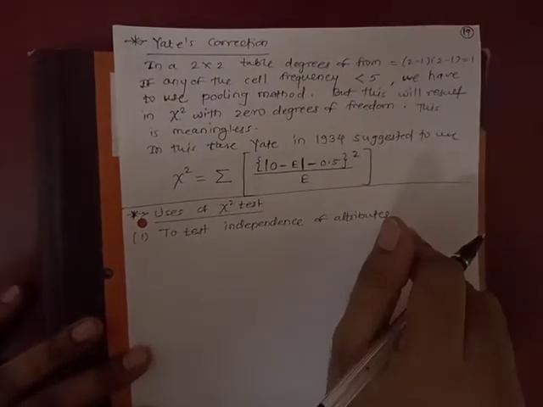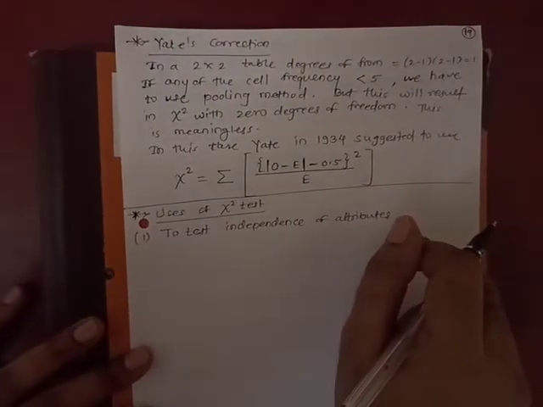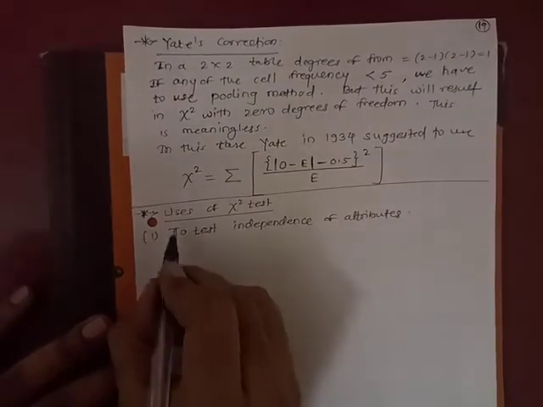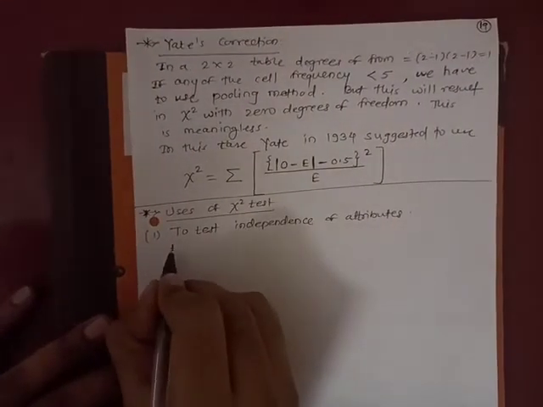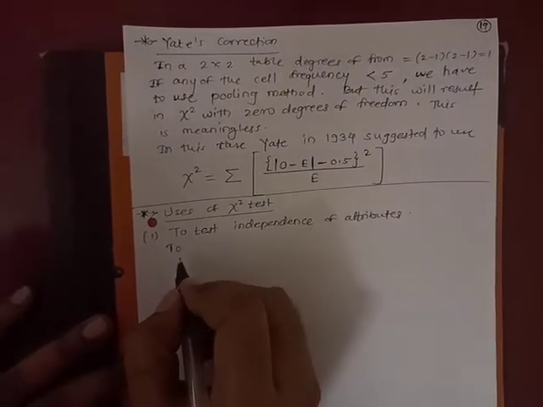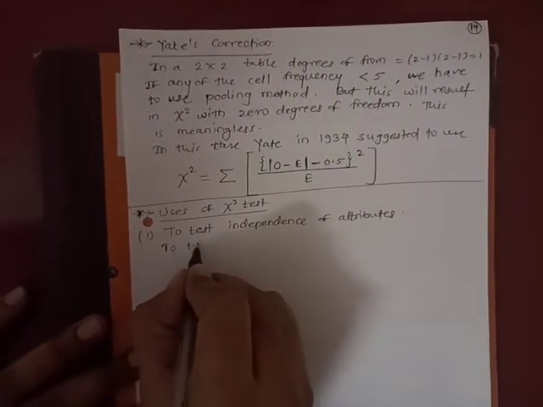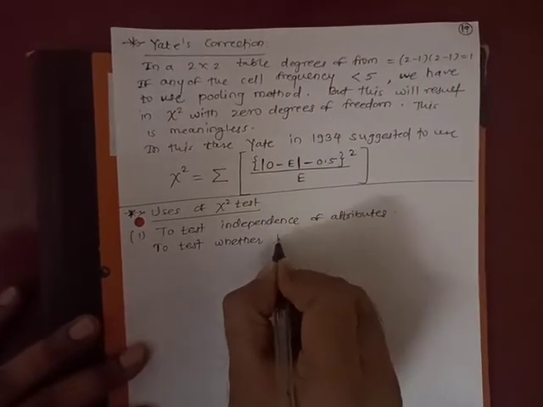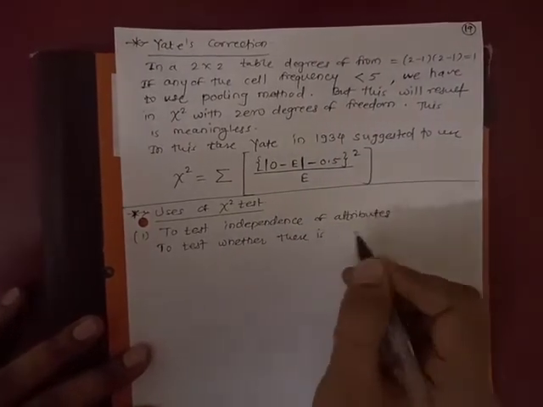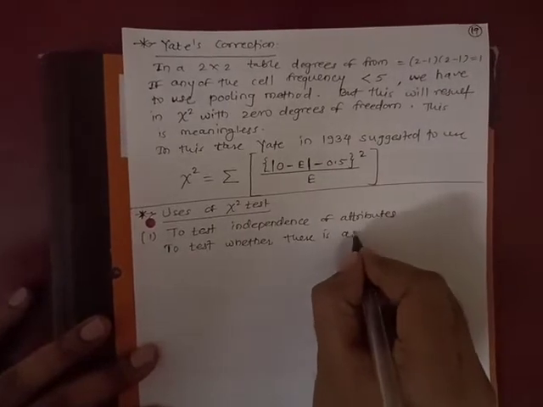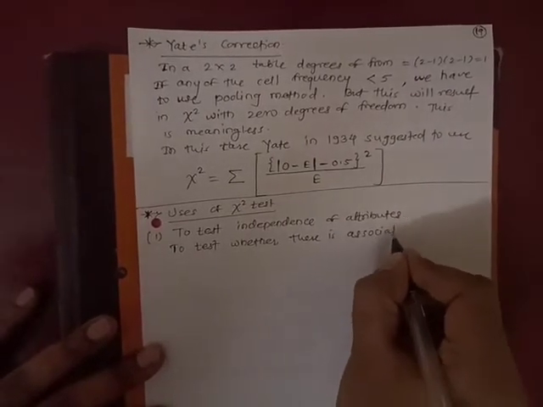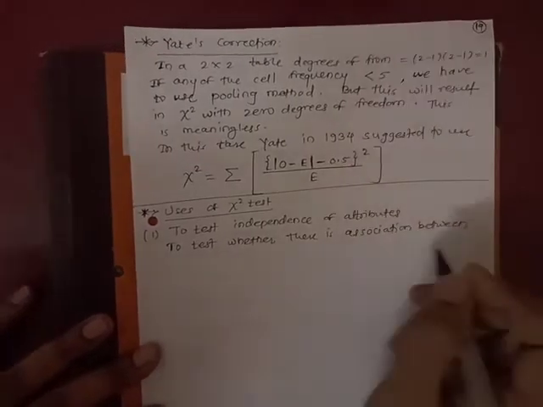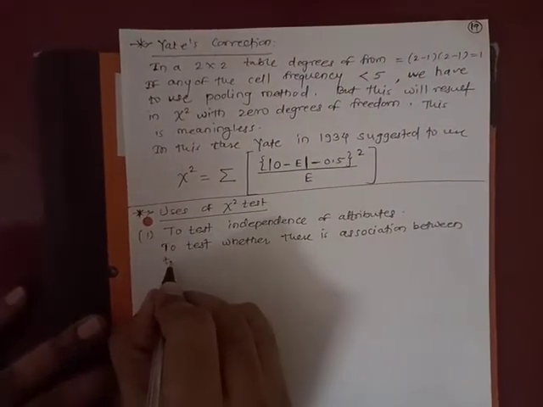Chi-square test is widely used to test whether there is association between two or more attributes.